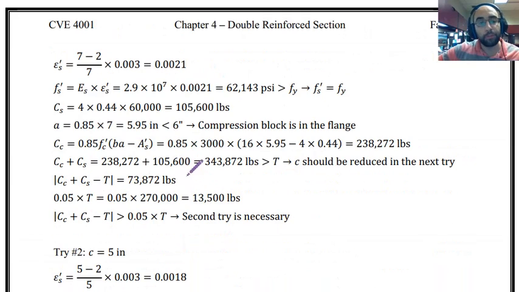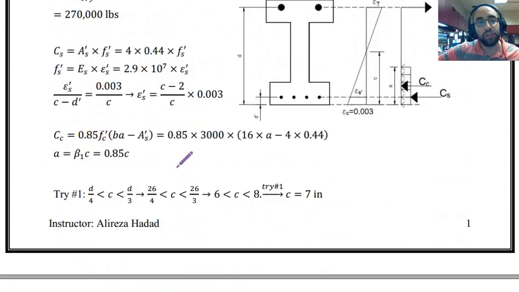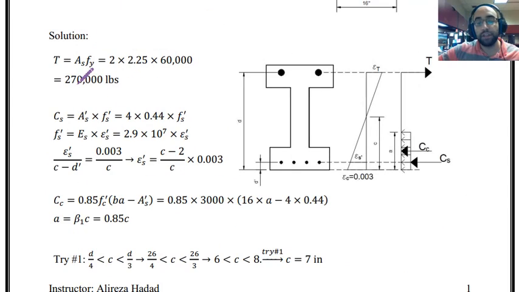So I'm going to compare the compression forces. As you can see, I'm adding the compression forces, compression force in steel and concrete, and by adding them, I'm going to compare the value versus the tension force. Adding them together is about 344 kips. Tension force is 270 kips.